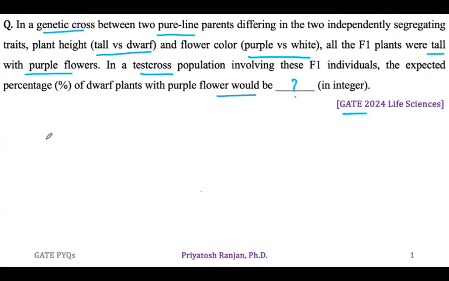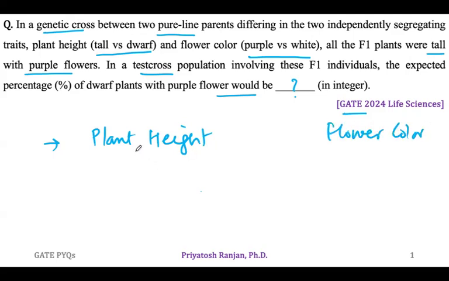So we can write all the information which is given here. There are two different characters. One is plant height and the other is flower color. The two traits of the plant height are tall, dwarf.